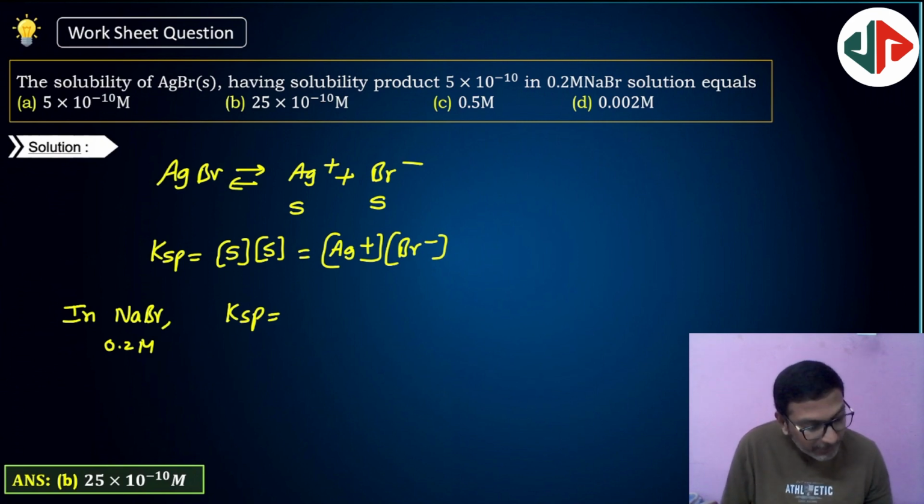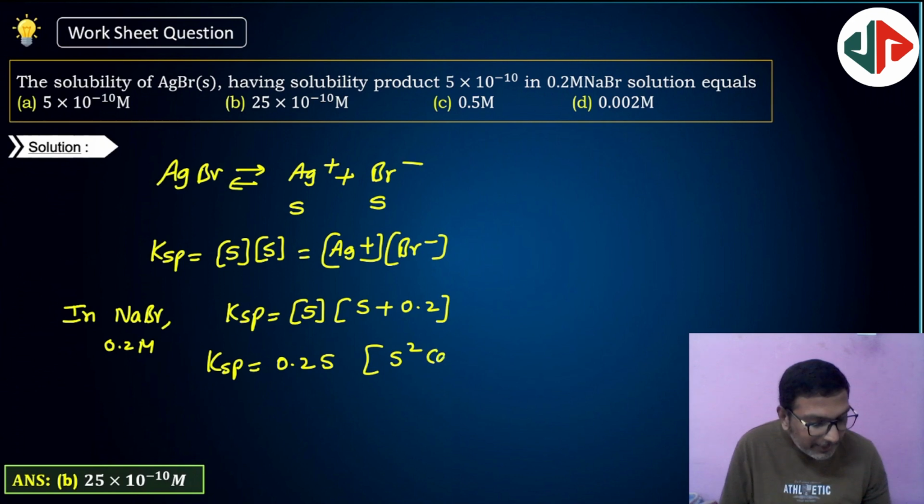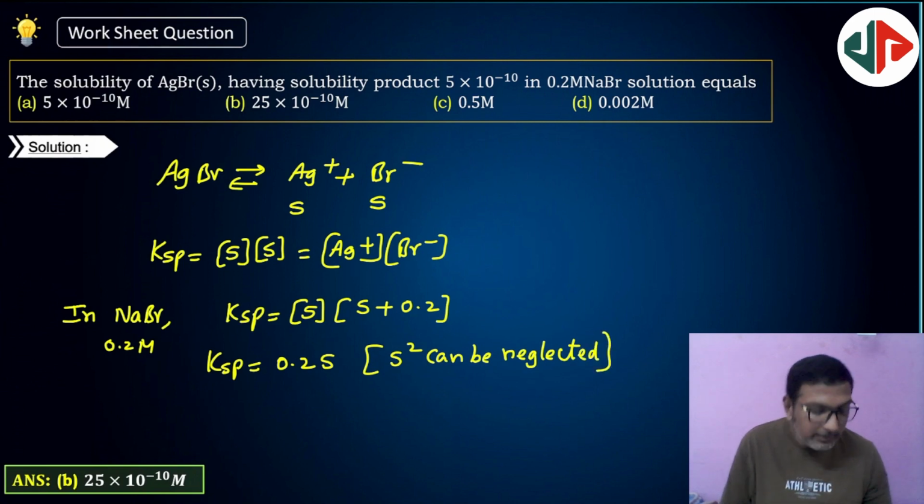Therefore, Ksp equals S into (S plus 0.2), so Ksp equals 0.2 into S, because S square can be neglected. Solubility is very small for a sparingly soluble salt, therefore S square can be neglected.